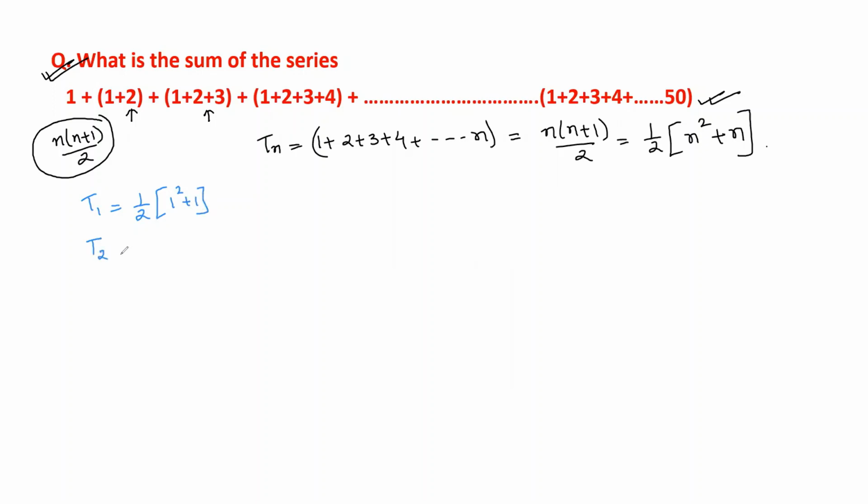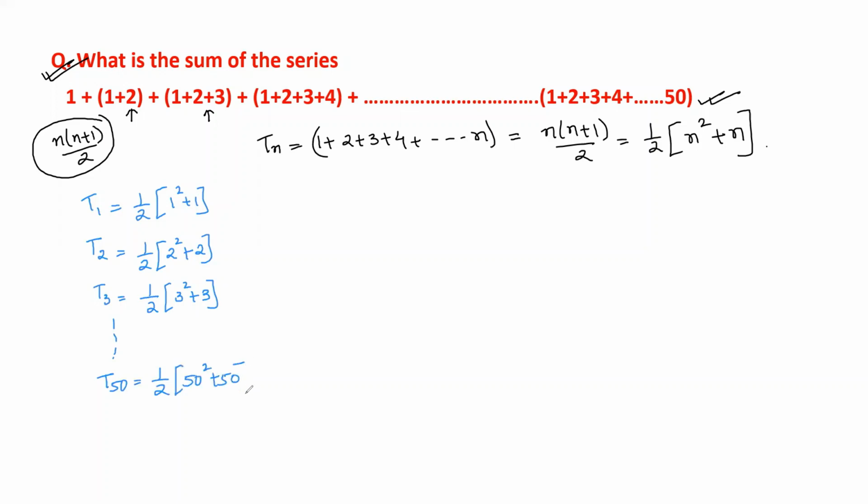The second term T2 can be written as 1 by 2 times of 2 square plus 2. The third term can be written as 1 by 2 times of 3 square plus 3, and so on till the 50th term, which can be written as 1 by 2 times of 50 square plus 50.